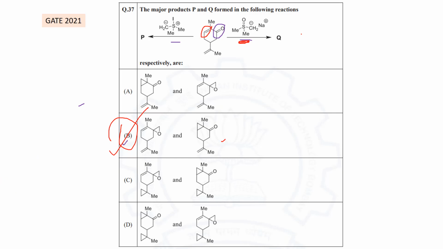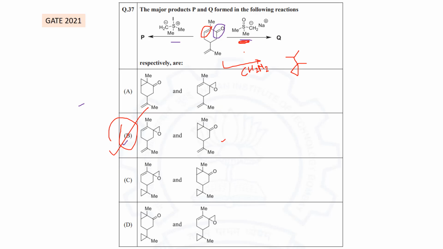Now if in this compound we are giving CH2N2, what will happen? I'm just adding another. If we add CH2N2, what will happen? In that case we will form a cyclopropane. In that case it selectively reacts with the electron rich double bond. So which double bond will react? In that case this part will react. The lower double bond will react, not the upper two.